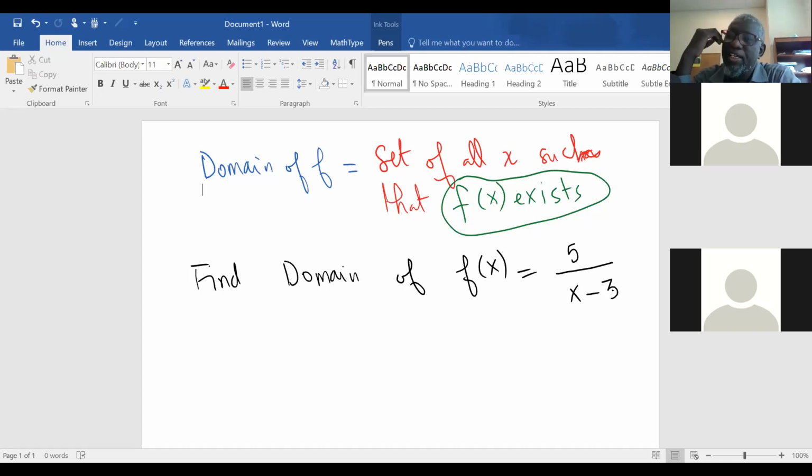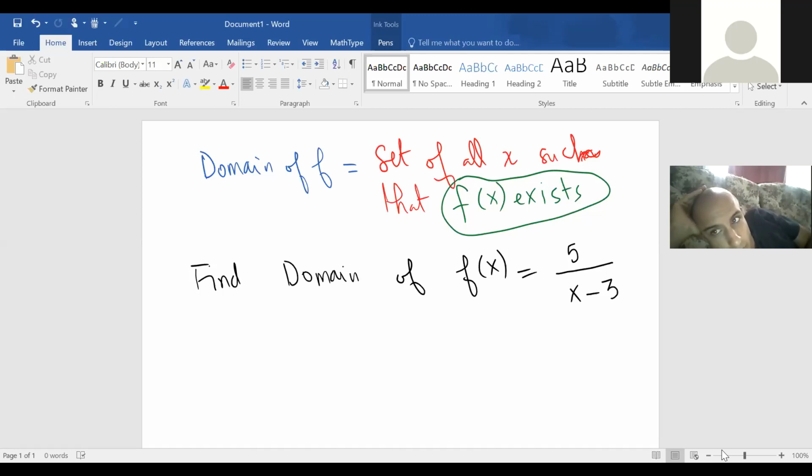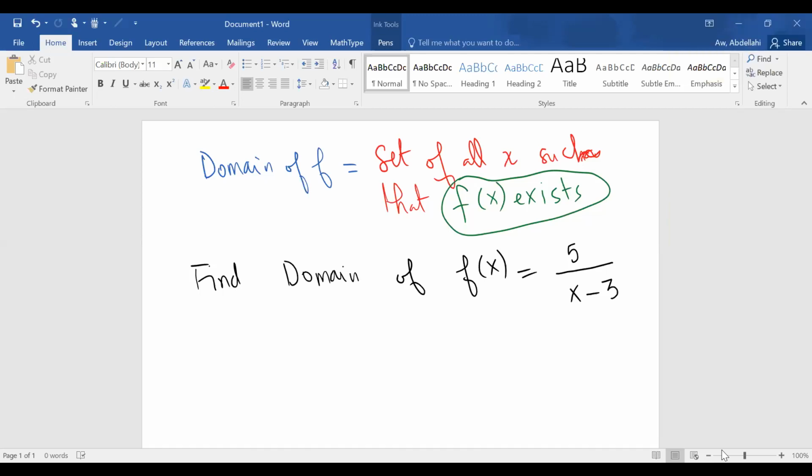So here, when I look at the definition of my function, 5 over x minus 3, the only major operation I see here is a division, right? I see 5 divided by x minus 3. And we all agree in math, we cannot divide by 0.